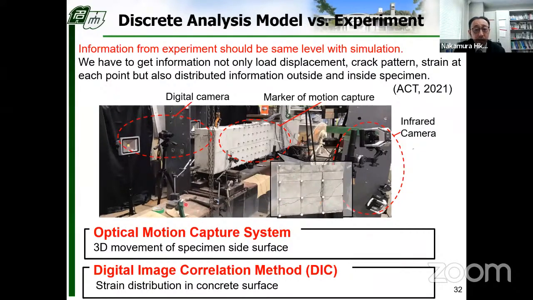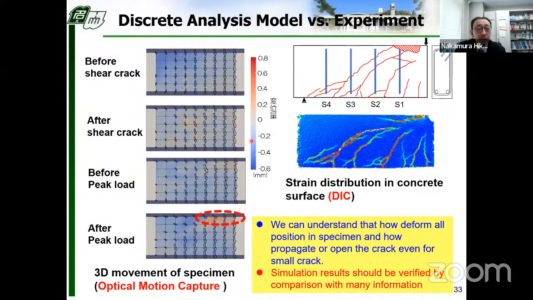This is an example where the method was applied to the simulated shear failure beam on the previous slide. This shows the result of optical motion capture and DIC. This figure shows the incremental in-plane displacement indicated by arrows and the incremental out-of-plane displacement indicated by different colors. And this is the result of DIC indicated by different colors.